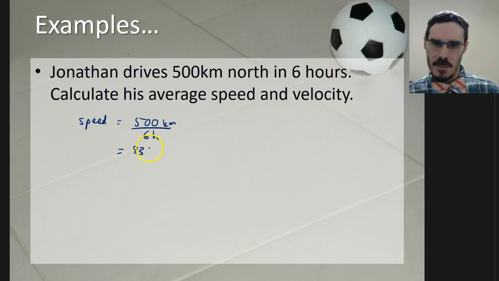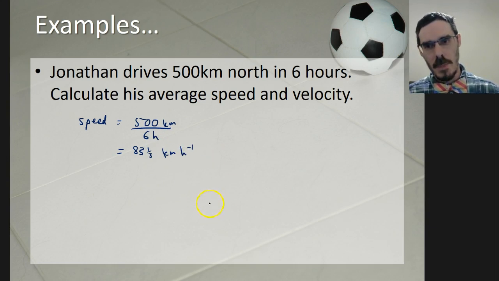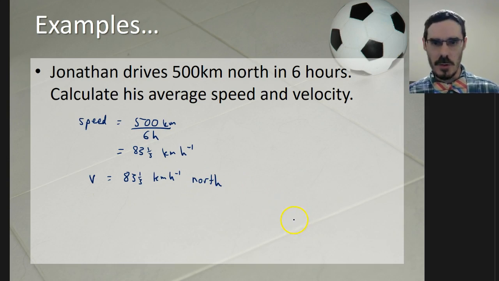The velocity has the same value, 83 1/3 kilometres an hour, but it also has a direction, north, and that's the difference between the speed and the velocity.